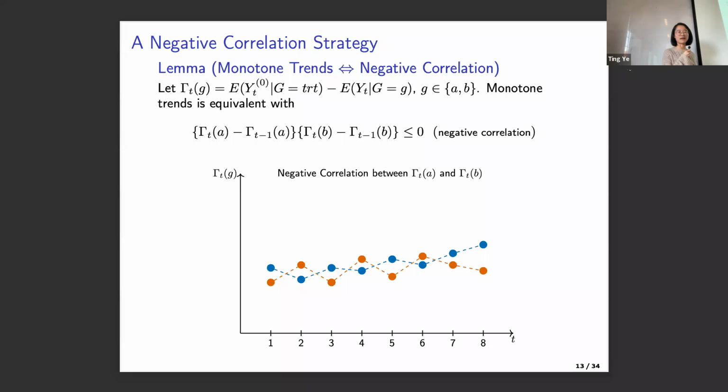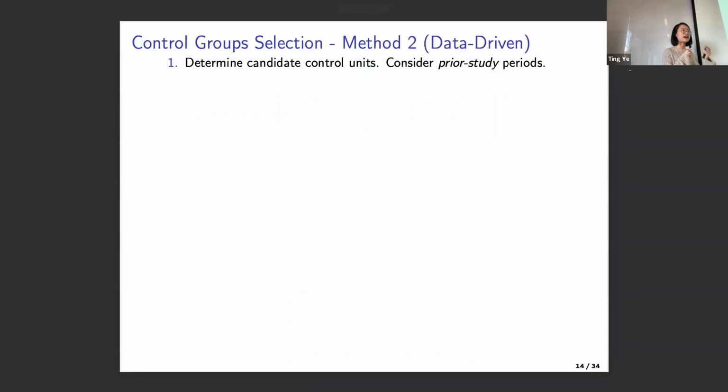Based on this, we motivate a data-driven control group selection approach. First of all, we need to identify candidate control groups, control units that were never treated during the study period. Then we use a prior study period to select the control groups in order to avoid using data twice. This is not perfect because the prior study period is usually also correlated with the study period, since it's longitudinal measurements for the same units, but this at least mitigates the concern.